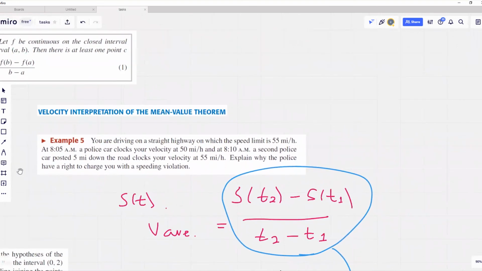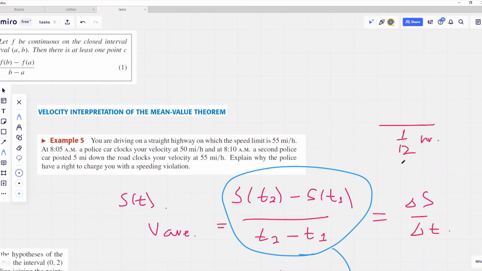We can also represent this as delta S over delta T. So delta T was equal to 5 minutes. 5 minutes is 1/12 of an hour. Now, the second police car is posted 5 miles down, so the distance that you have traveled was 5 miles.